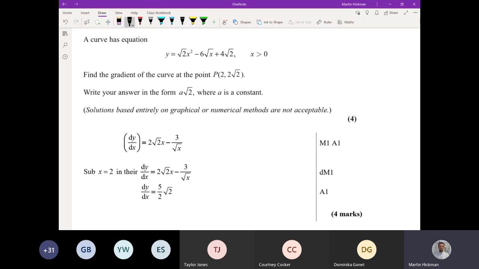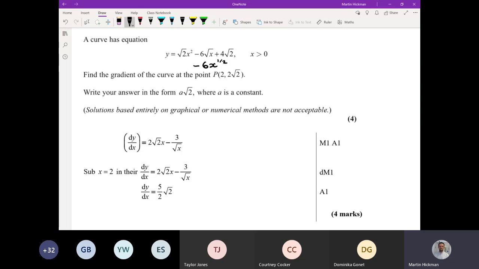Then we have the minus 6 root x to differentiate. Now remember, the square root of x is the same as writing x to the power of a half. So if I do that, then I multiply by my old power of a half, so minus 6 times a half is minus 3, and then reduce the power by 1.